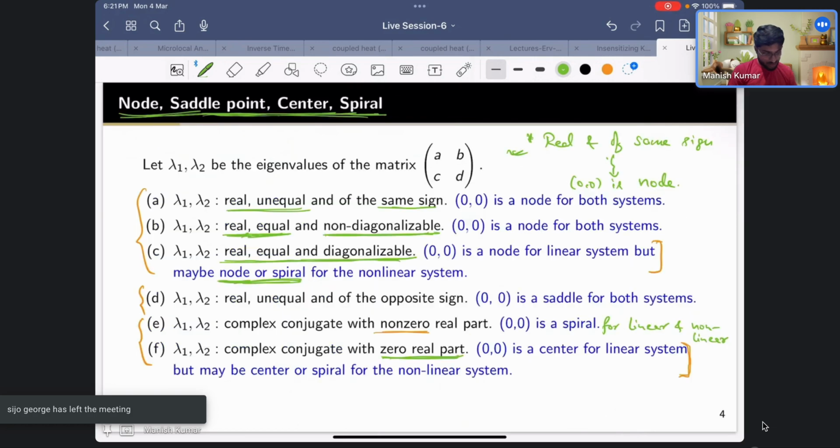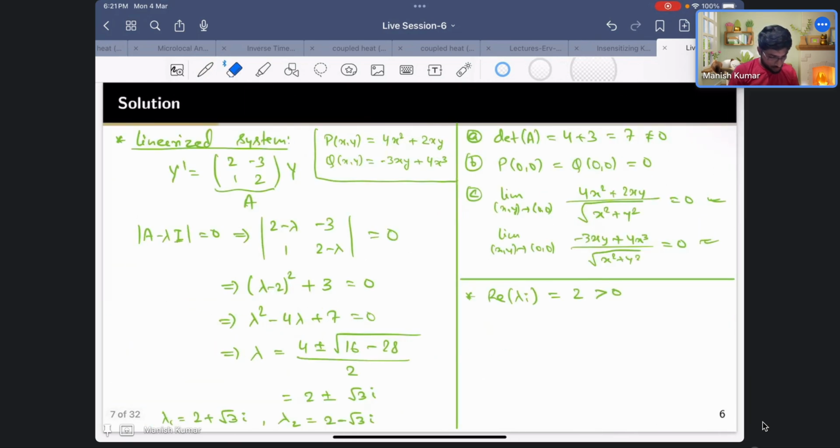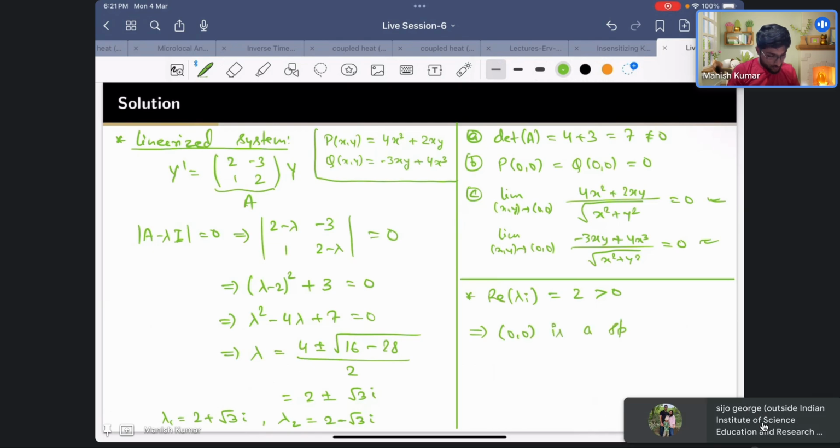Then what do you know? You know that this is a spiral. So you know that this (0,0) point is a spiral for the linear as well as for the nonlinear system, right? So from here you can conclude that (0,0) is a spiral, a spiral for the linear and nonlinear system.